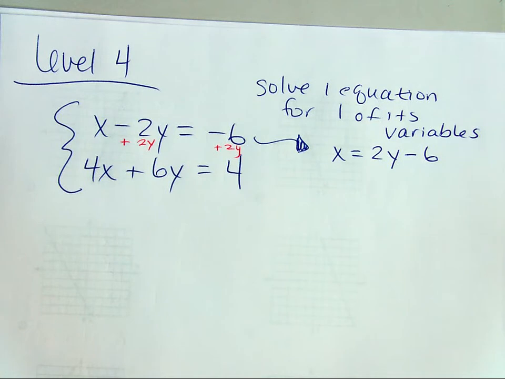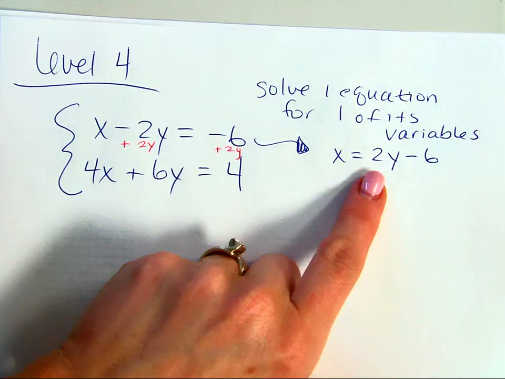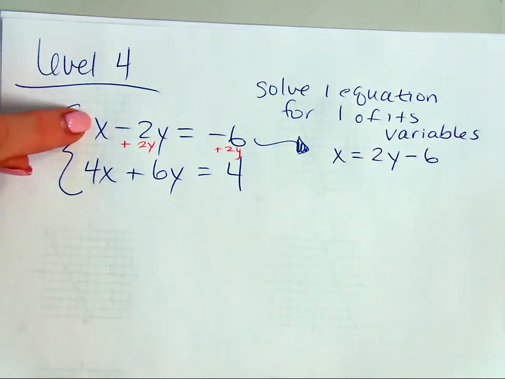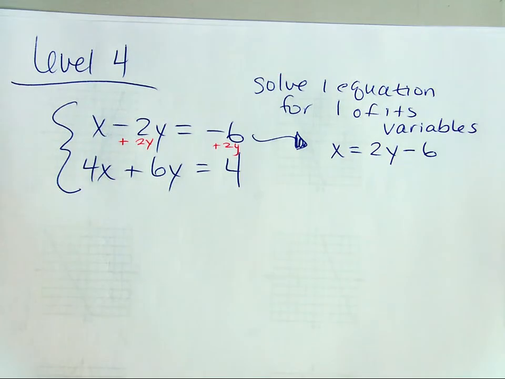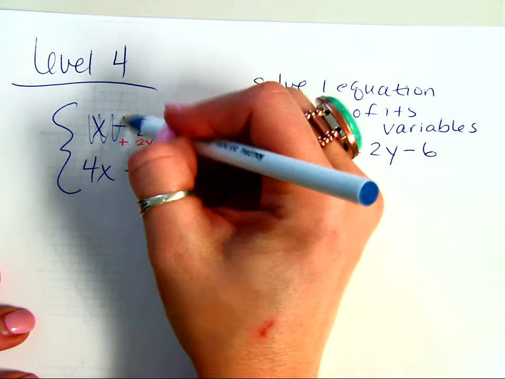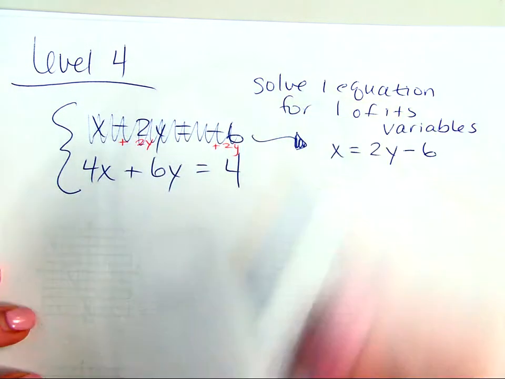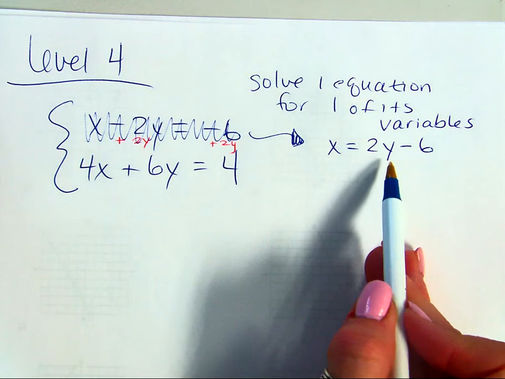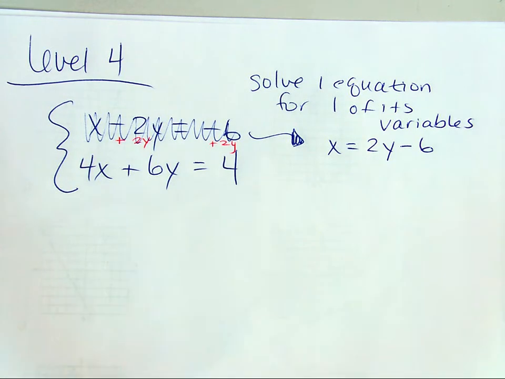Good? So now that I did that, this equation is kind of useless, right? So to give you one last thing to look at, go ahead and do that if you want, because this is the more useful equation. So now I'm back to a level 3, right? Now I know what to do.